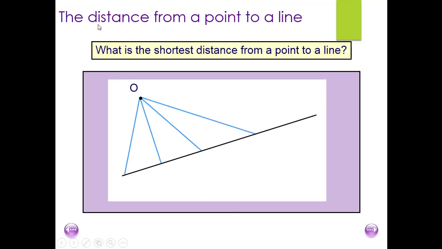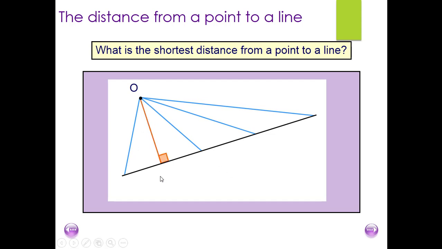Here we have the last one in our revision, the distance from a point to a line. What is the shortest distance from point O to this line? In geometry, when you have a line and you want the shortest distance from a point, any point in space, the shortest distance will be the horizontal line.